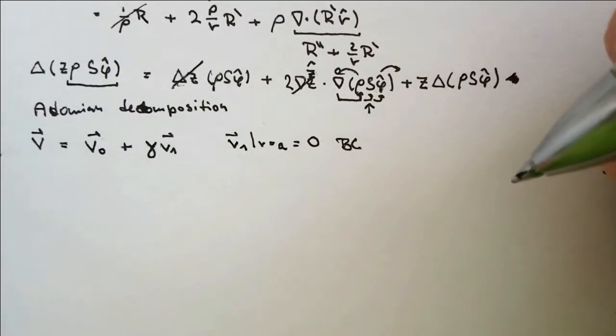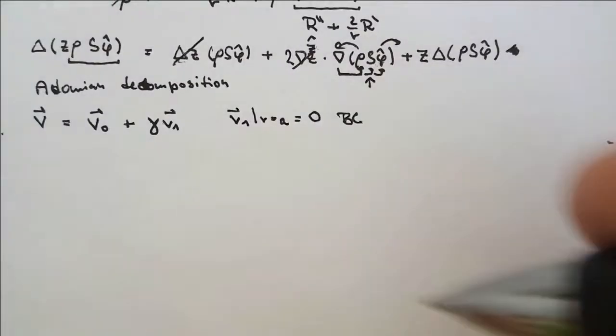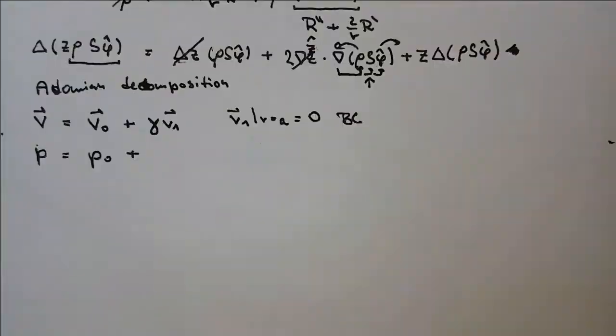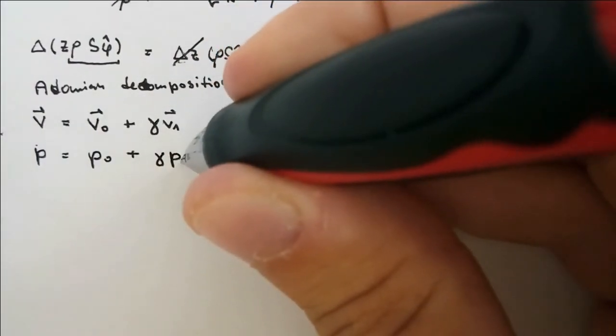So now again, you can write this kind of decomposition for the pressure, the second unknown function. For the pressure, it's a scalar function, it's going to be the Stokes pressure plus some additional pressure which we don't know yet.